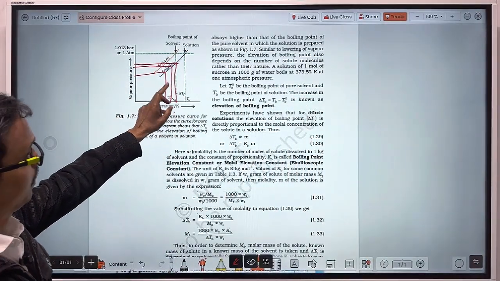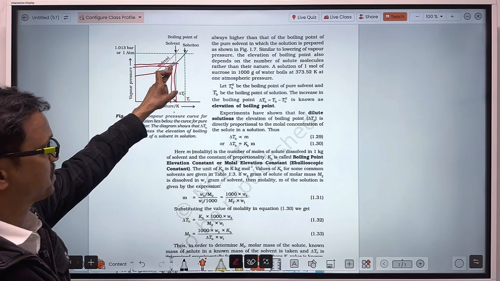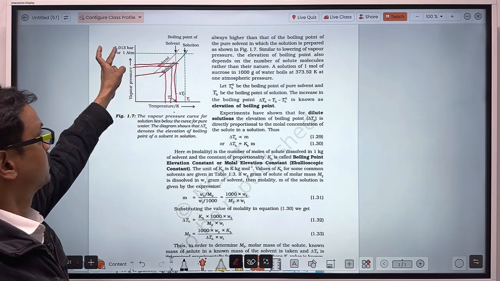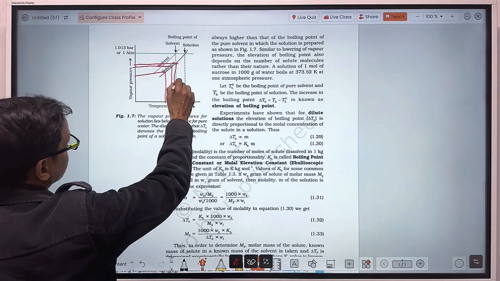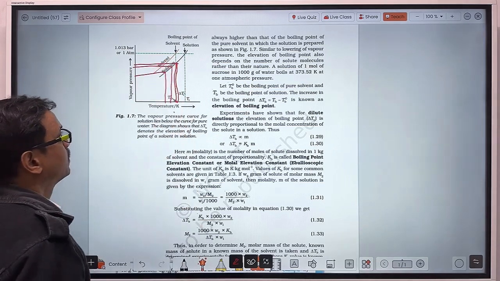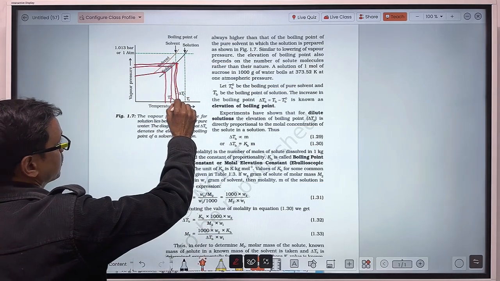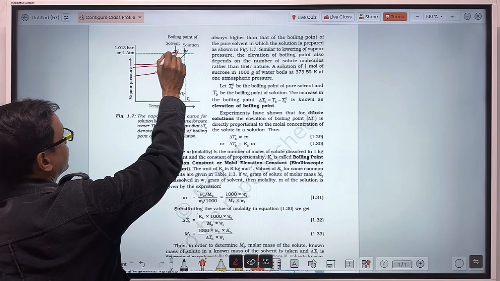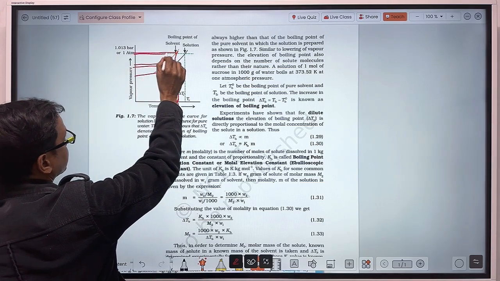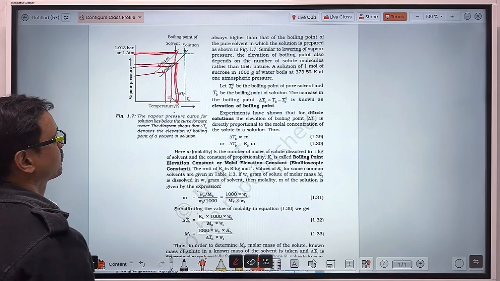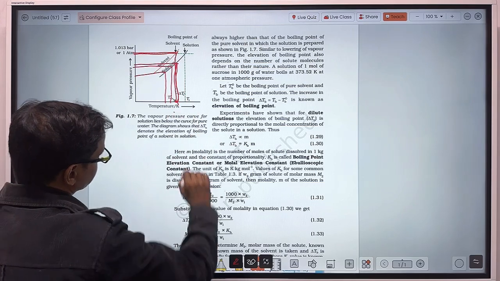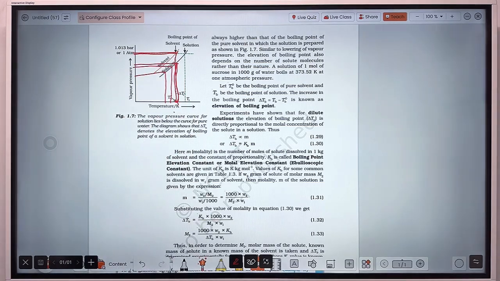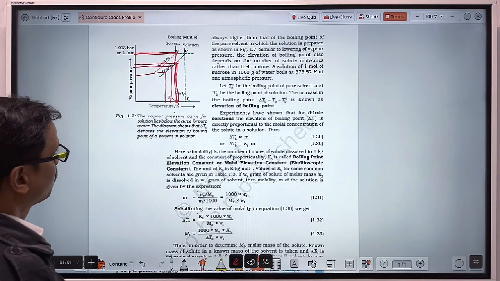But at this temperature, the vapor pressure of the solvent is equal to atmospheric pressure. That's why this temperature is the boiling point of the liquid solvent.